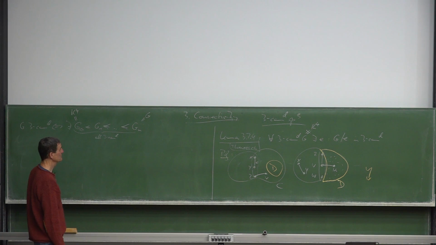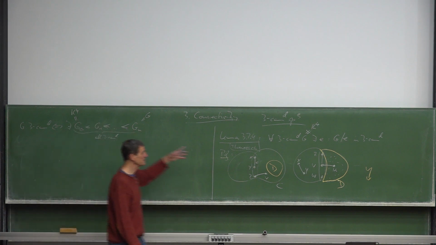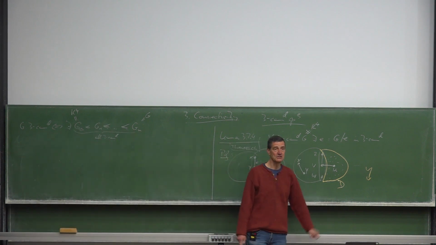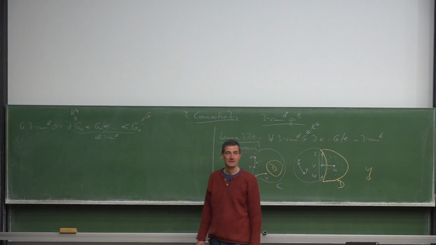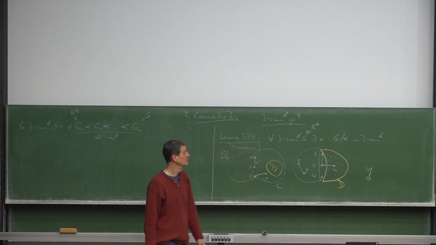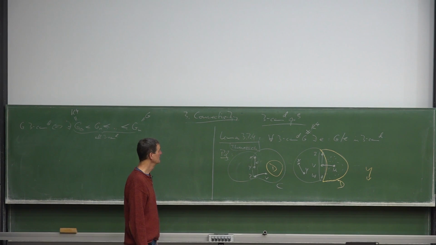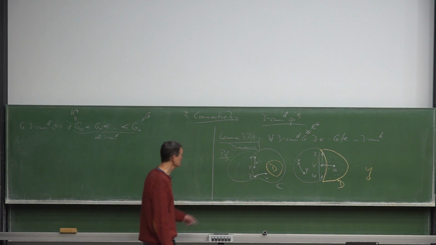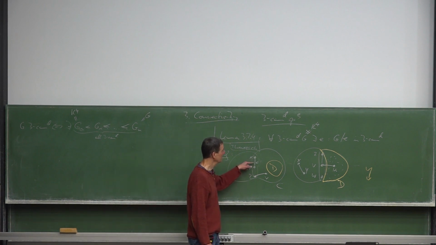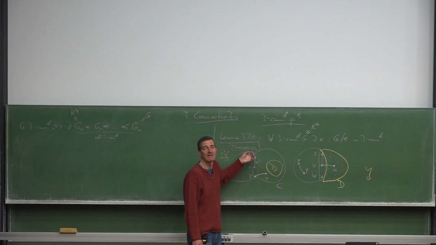By the way, where did we use in this lemma that G isn't K4? We used it when we said, well, suppose we can't contract our arbitrary edge E. Why can't we contract it?